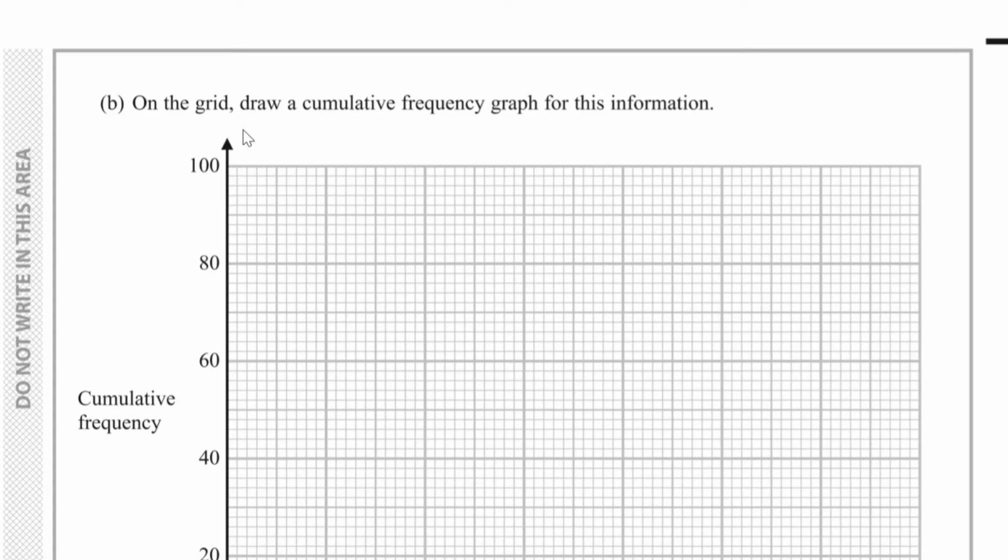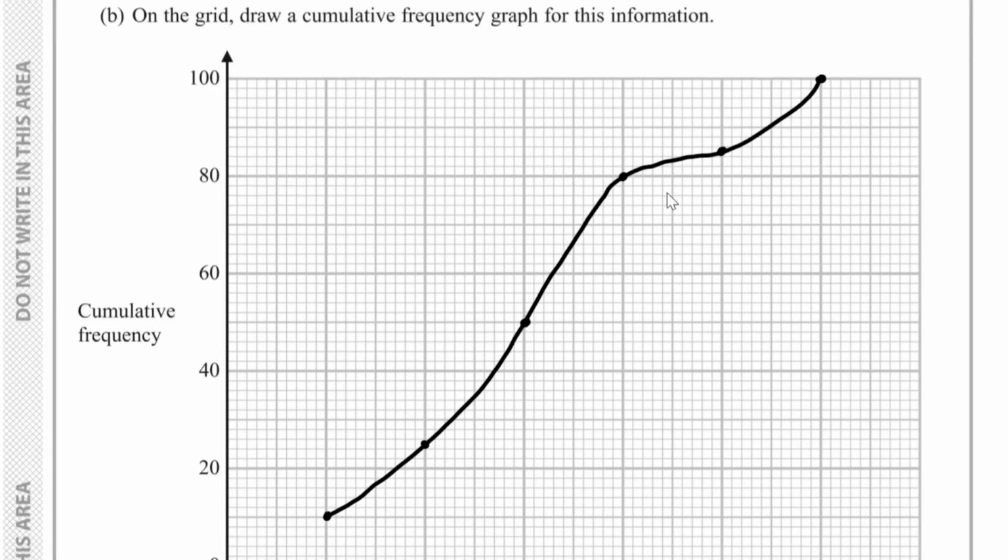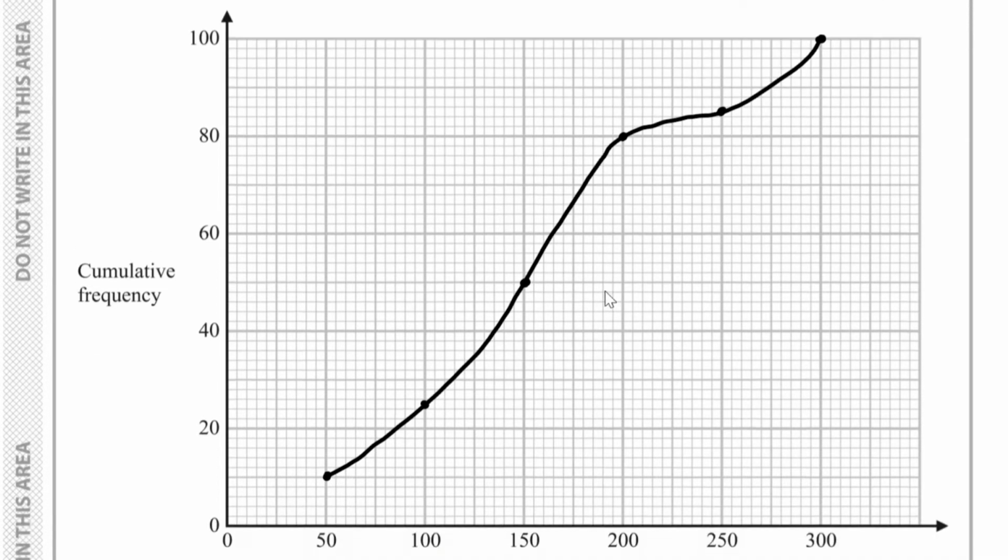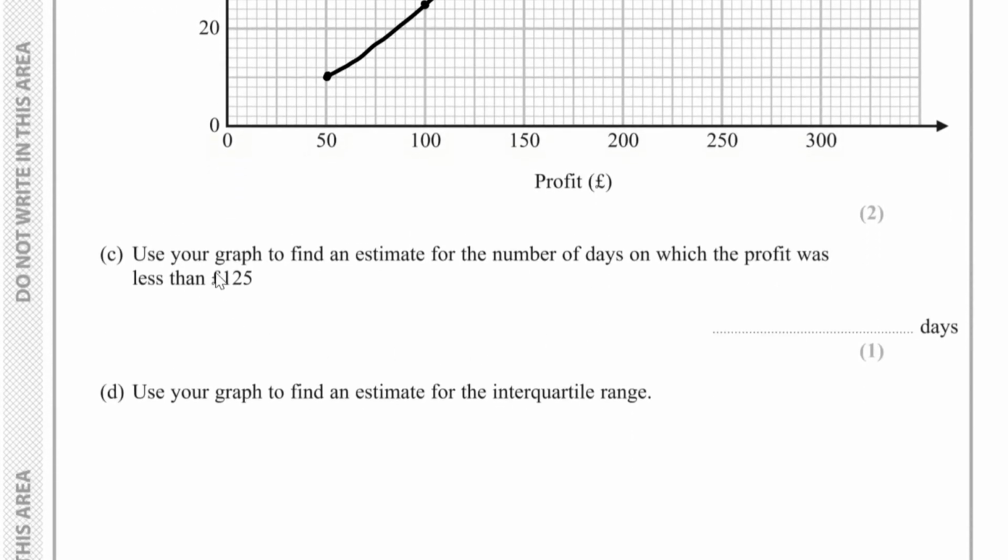Then for part B, on the grid we have to draw a cumulative frequency graph for this information. So here is the cumulative frequency graph, and now for part C, we have to use the graph to find an estimate for the number of days on which the profit was less than £125.